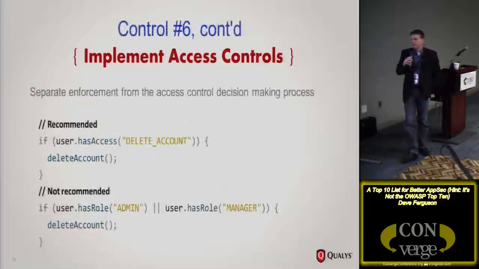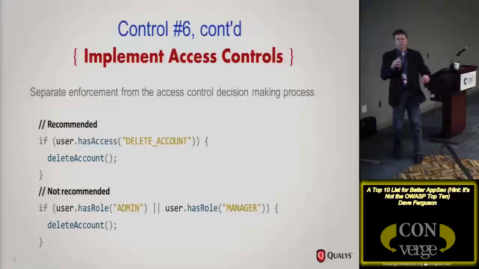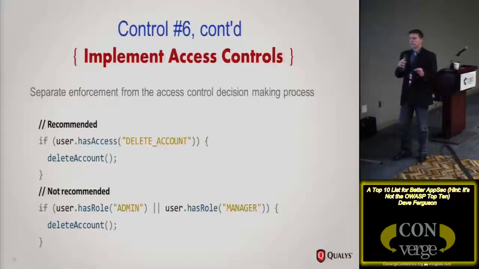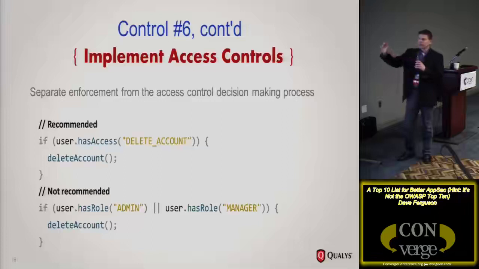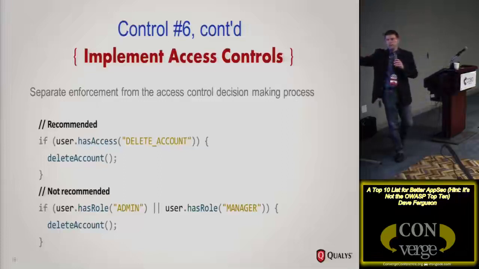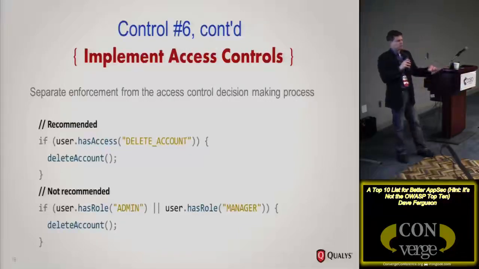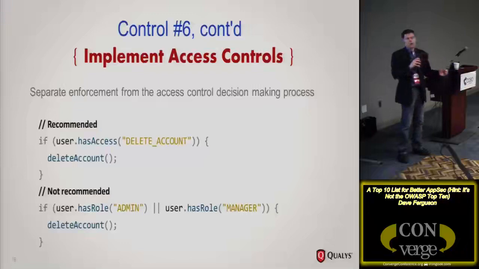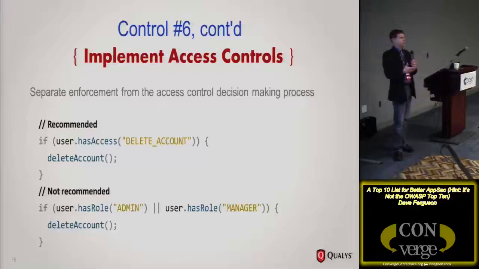So some code examples here. The recommendation is to enforce separately the access control decision from the actual decision-making process. So in other words, let's say you have a method called hasAccess. Every user object has a method called hasAccess. And then you pass in the particular action being requested. So that's preferred over the second model here, where you're basically checking the user role every single time.